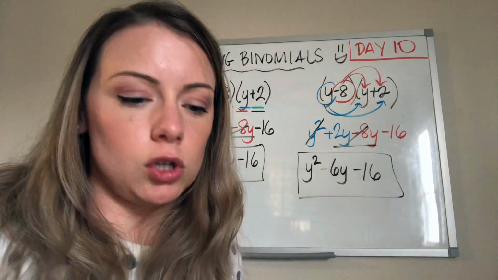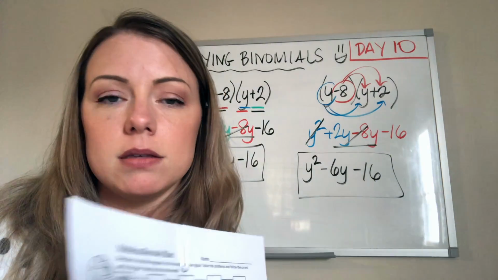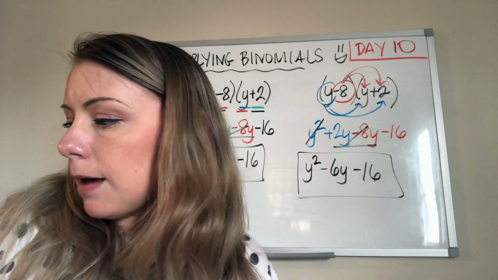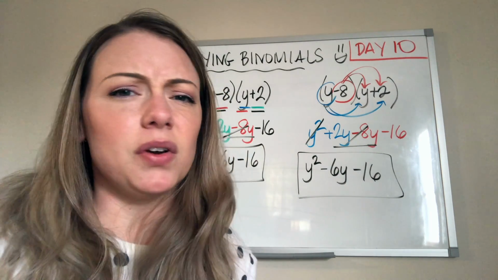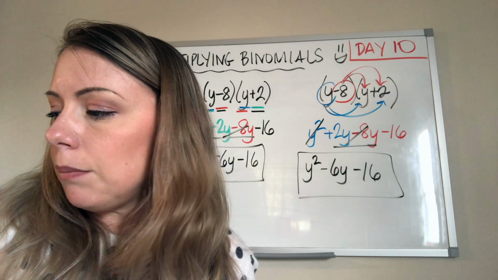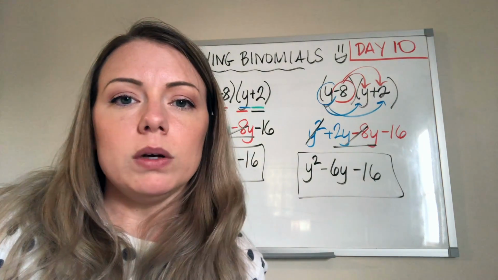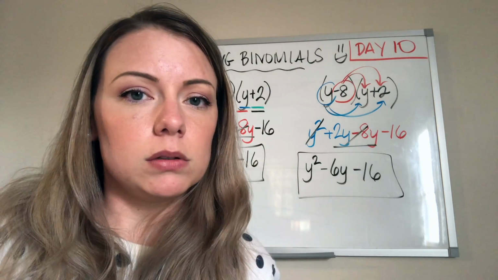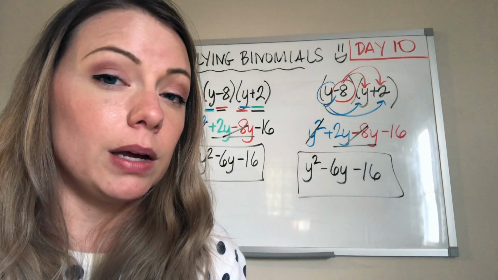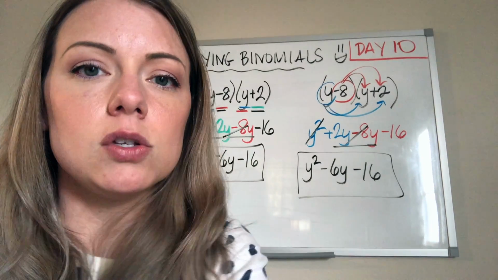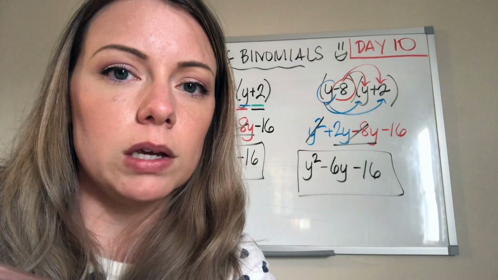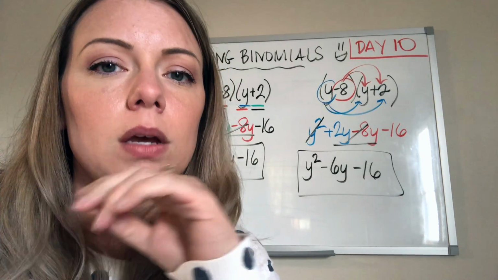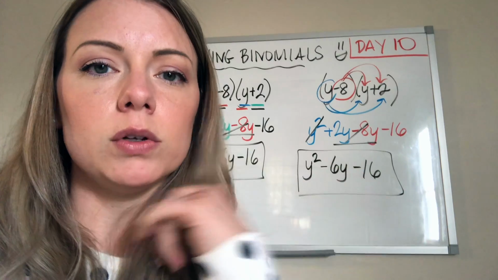Please make sure that you show your work, whether it's on the maze or on a separate sheet of paper, and as you're working, if you're not getting the correct answer, make sure you reach out to me. I will let you know if you don't put your answer in standard form, which it should come out that way anyway, but if you don't put your answer in standard form, you might think that your answer's not there, but it is. So if you notice it's not in standard form, rearrange it and then look for your answer.